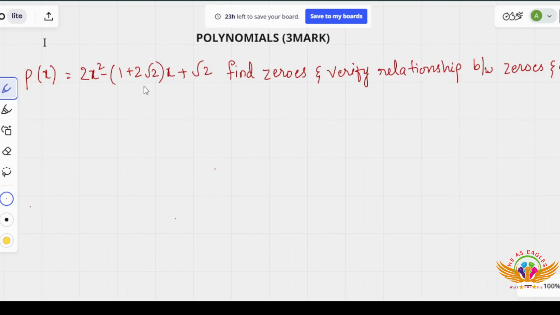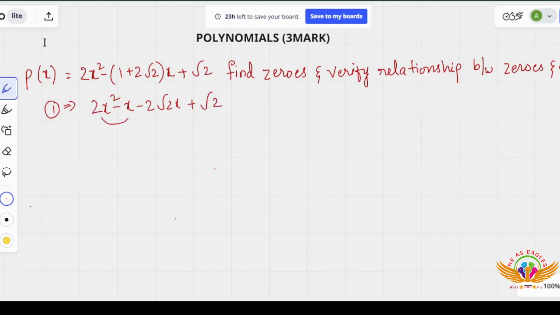First, solve the polynomial itself. Let us do that. Step 1: I'm multiplying the x into the inside terms, so we have 2x² − x − 2√2x + √2.